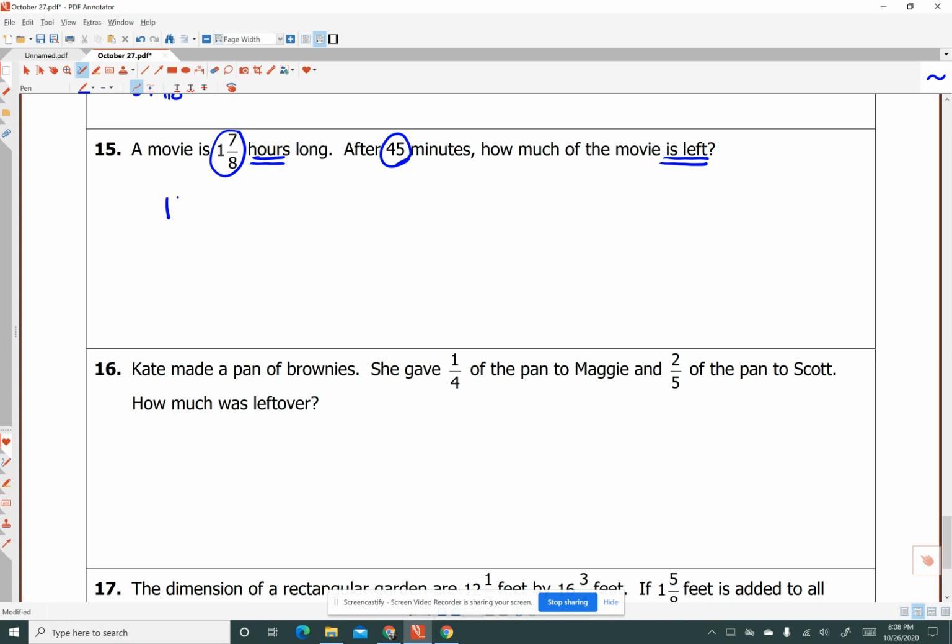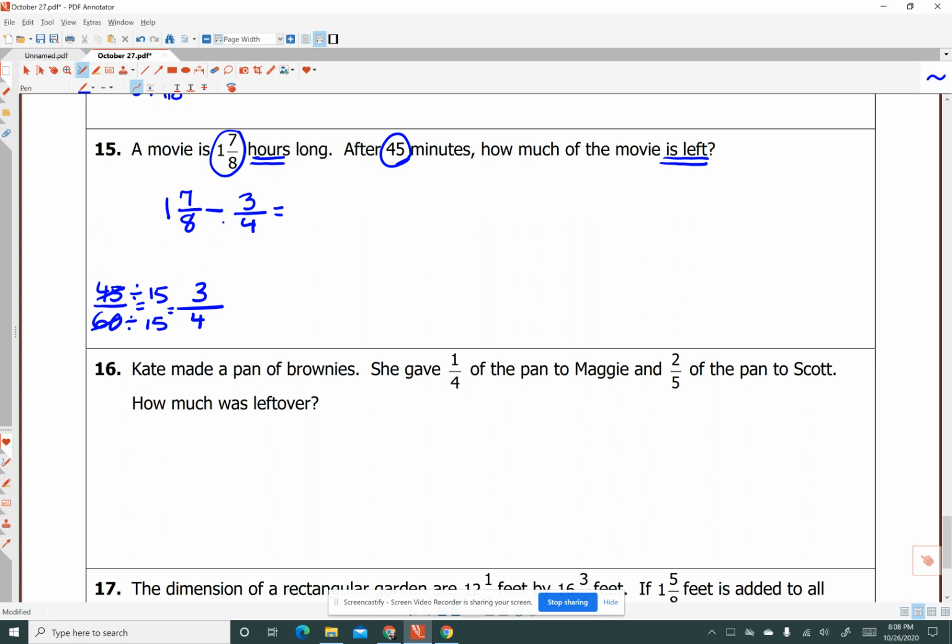45, let's write down 1 7/8 minus 45 over 60, 60 minutes in an hour. 45 is divisible by 15 3 times. 60 is divisible by 15 4 times. Okay, so it's 1 7/8 minus 3/4.